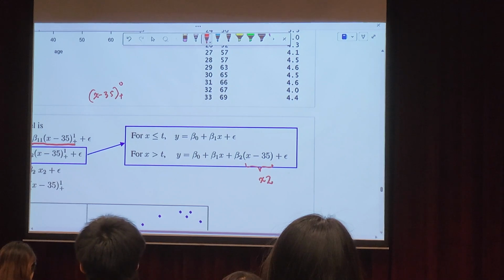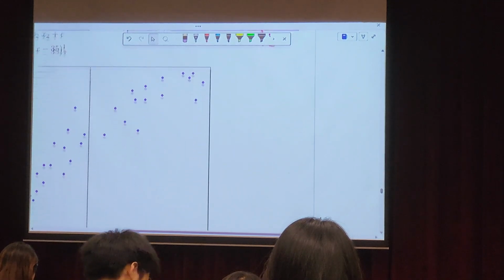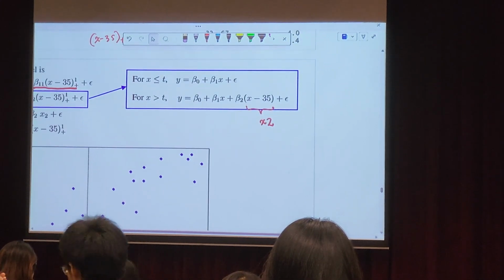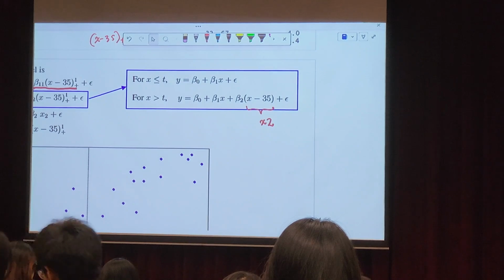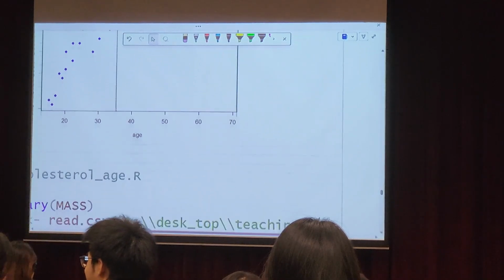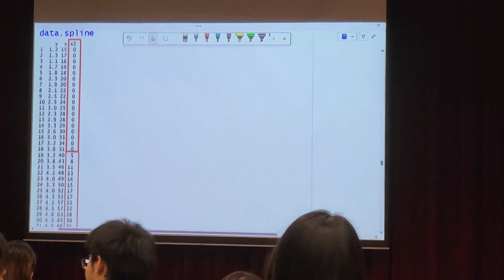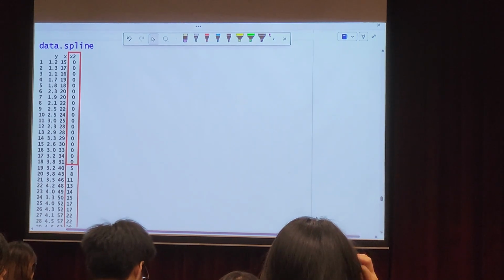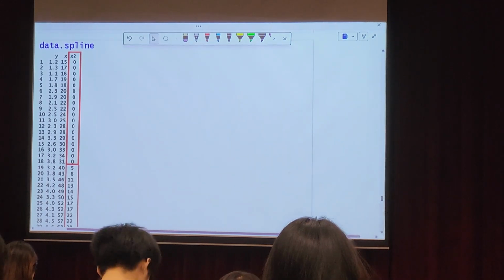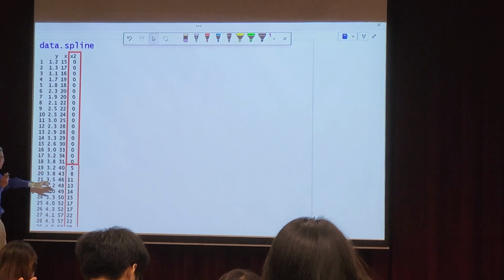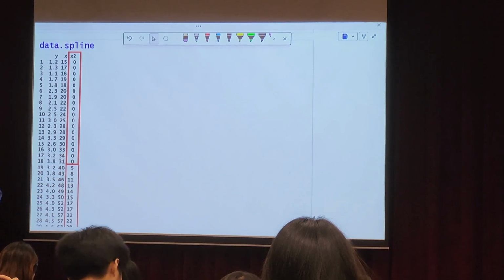So x2 is 0 if x is less than 35, but if it is more than 35, then I just look at the difference. So that's what the program does. And you can see the data here. For x less than 35, x2 will be 0. Otherwise, it will just be the difference.